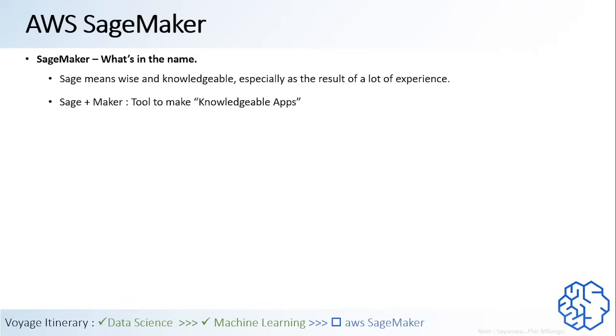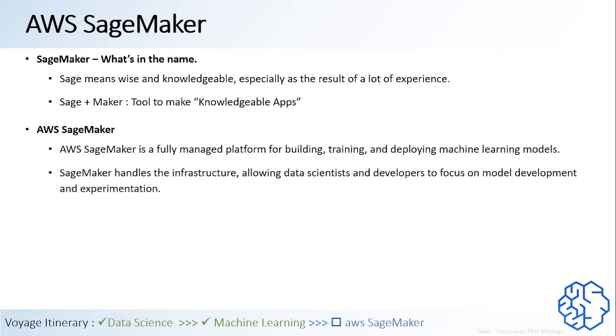So SageMaker will help you make your own sage, your own knowledgeable program. That's how I treat this definition. And of course, the internet definition: AWS SageMaker is a fully managed platform for building, training, and deploying your ML models. We talked about all of this.